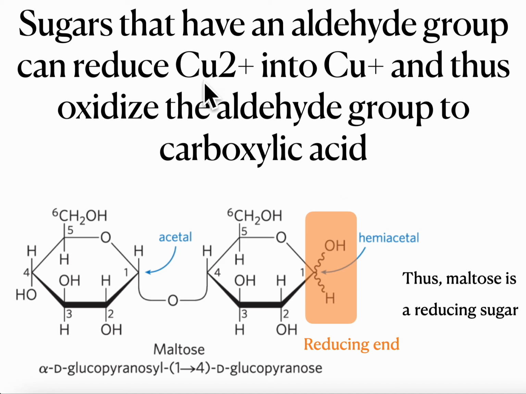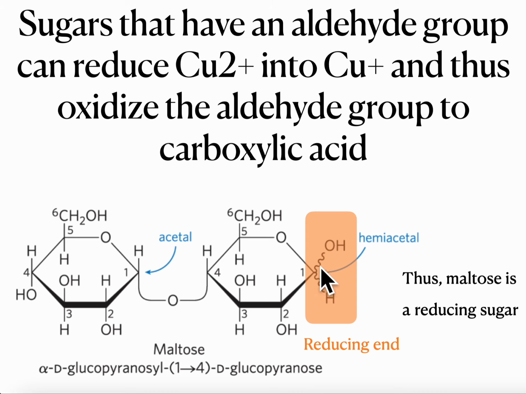So basically, reduction means the gaining of electrons, and in this case, copper ions are gaining electrons, and aldehyde groups are losing electrons through the process of the aldehyde carbon being connected to more oxygen, which becomes carboxylic acid. So sugars that can do this need to have an aldehyde group or a ketone group that can tautomerize to an aldehyde group. So we call sugars that can do this redox reaction with copper 2+ ions reducing sugars.